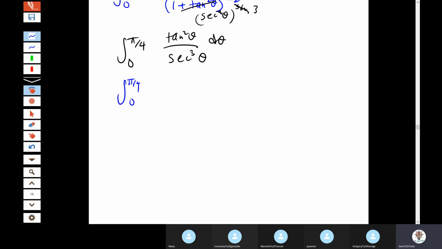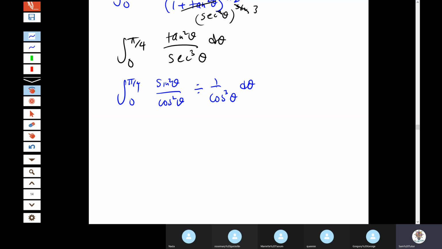Pi over 4, 0, just so we don't do anything wrong. I'm going to split them up like this: sine squared on cos squared divided by 1 on cos cubed. And what happens when you divide by a fraction? Times and flip. Do I need to waste an extra line?